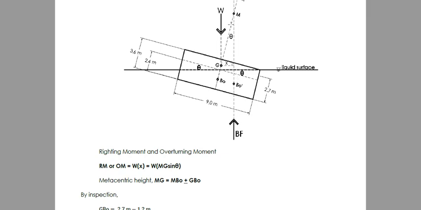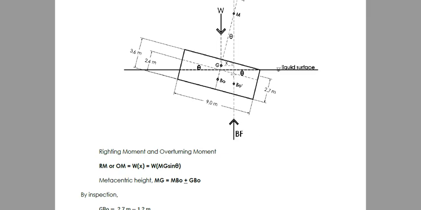If you transfer angles, the angular displacement theta is also equal to this angle. We can solve for it knowing this side, which is 3.6 minus 2.4. And this is half of the total width of the scow, 9 meters, so half of that is 4.5.